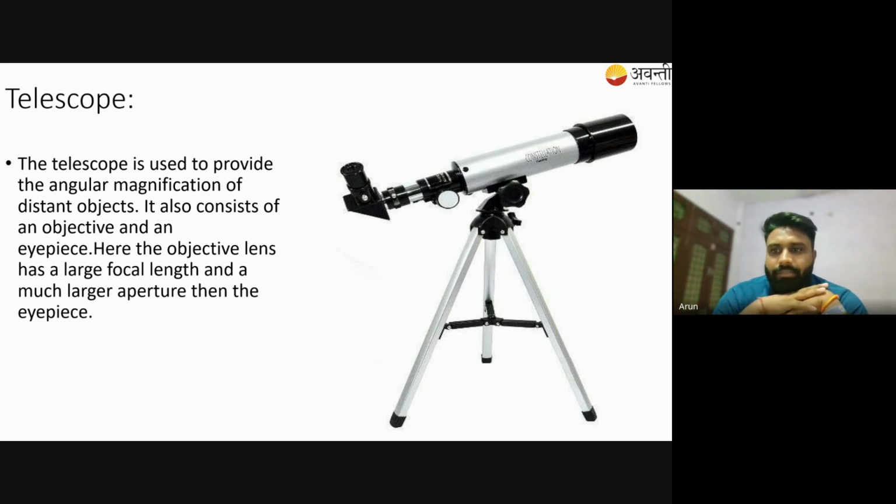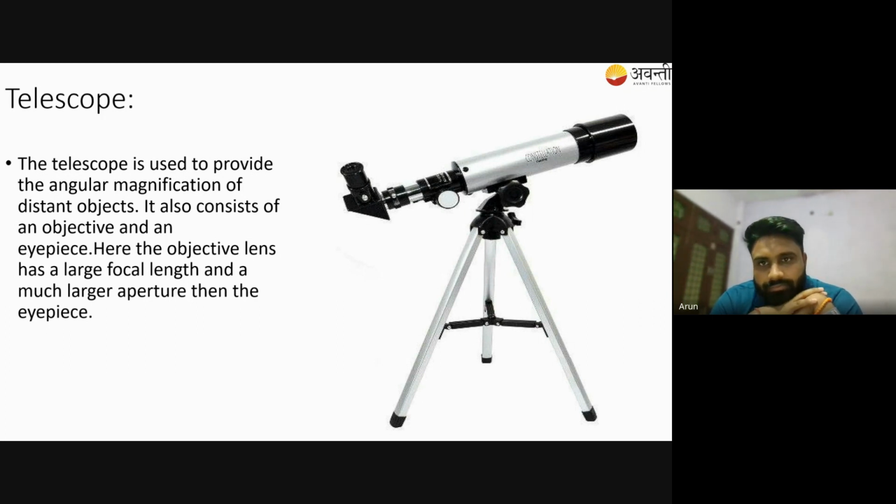It is similar to a microscope, but there is a very big difference in the size of the lenses used. A telescope is used to provide angular magnification of distant objects. I discussed it earlier when introducing optical instruments: the moon is too big to capture in one photo.